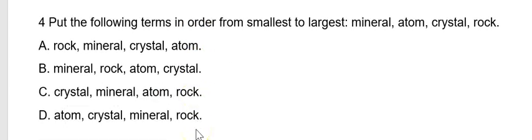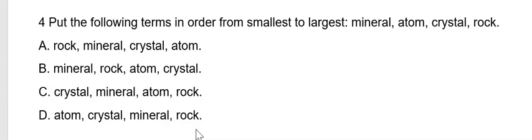So here we go. Do you think it's A, the rock's the smallest, mineral's the second smallest, crystal is the third, and atom is the largest? What I'm going to do is just read the first and the last one, and if we get one that's close, then we'll look inside. Do you think it's mineral's the smallest and crystal is the largest?